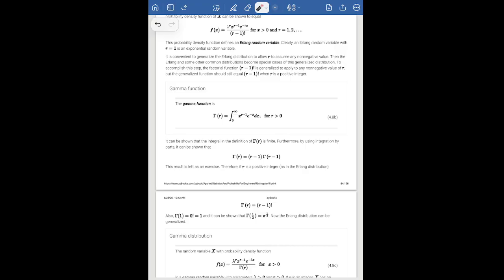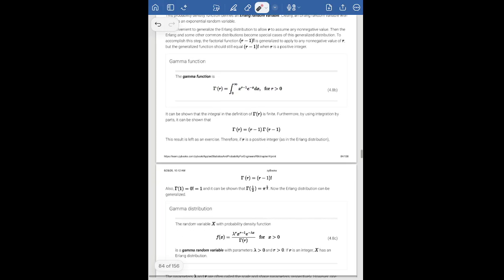To accomplish this step, we have the factorial function, r minus 1 factorial, generalized to apply to any non-negative value of r. What that will look like is the definition of a function that is heavily used in probability, the gamma function, which once we get to the gamma distribution will be heavily featured.